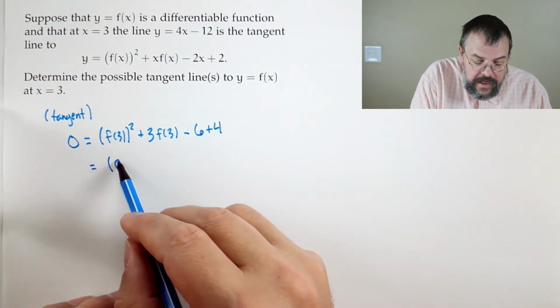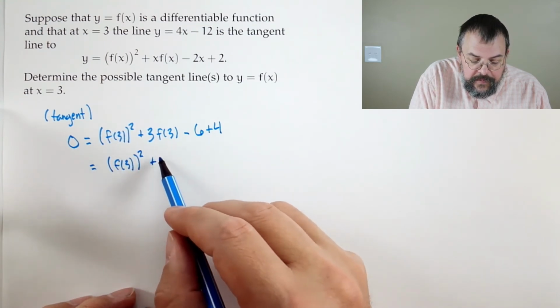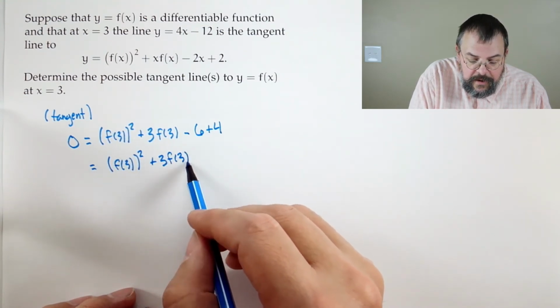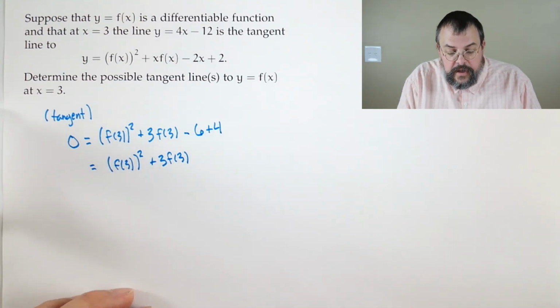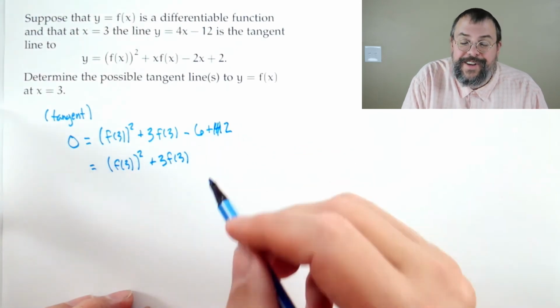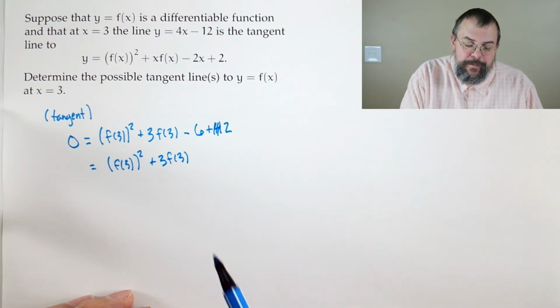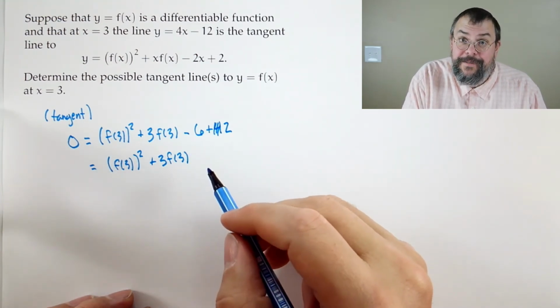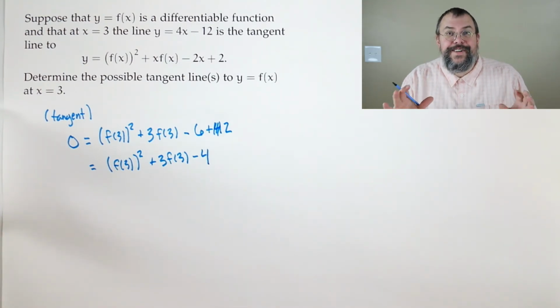Well, we can actually play around with this. That's f of 3 squared plus 3f of 3 minus 6 plus 4. Oh, whoops. That's minus 6 plus 2. Why did I write down plus 4? I think I was getting ahead of myself. I was trying to do too many computations in my head. Minus 6 plus 2 does involve a 4, but it's a minus 4. Okay, you don't want to get ahead of yourself. That's a dangerous place to be.